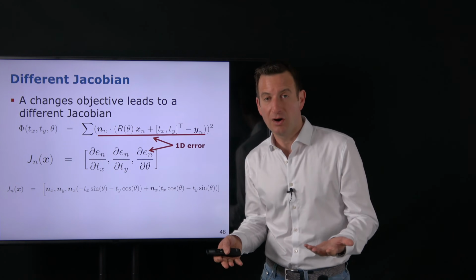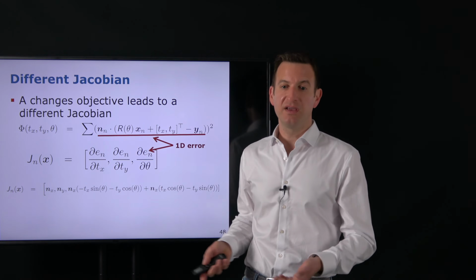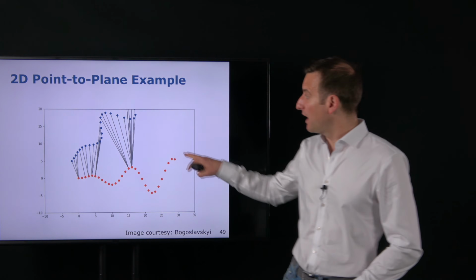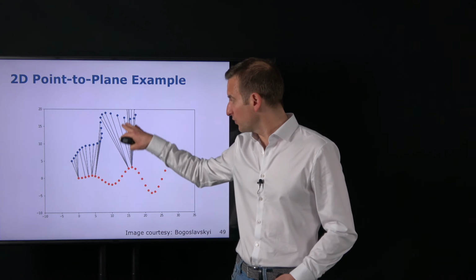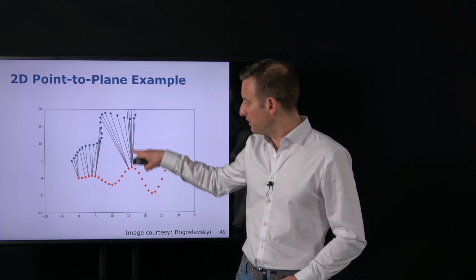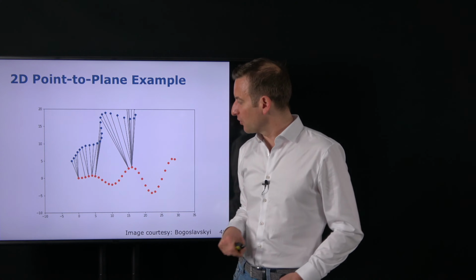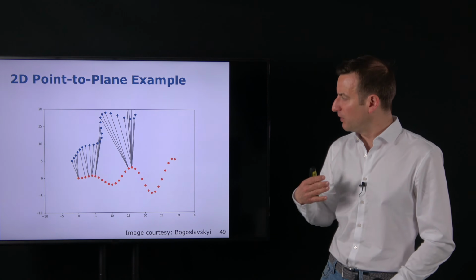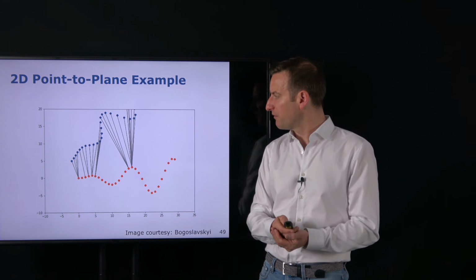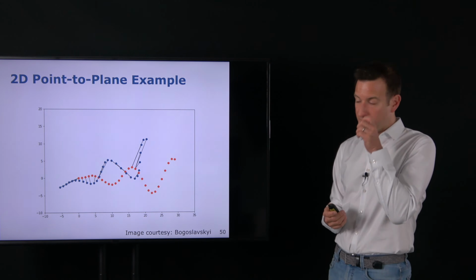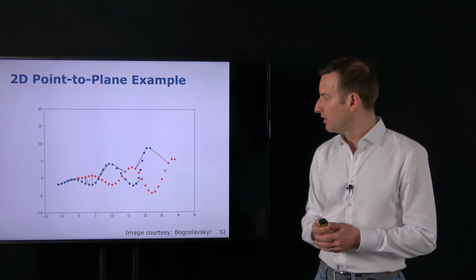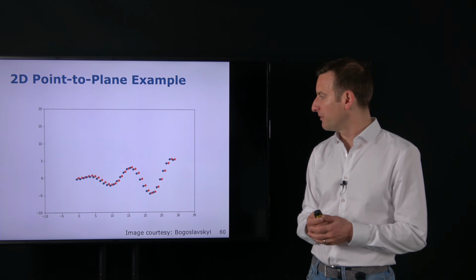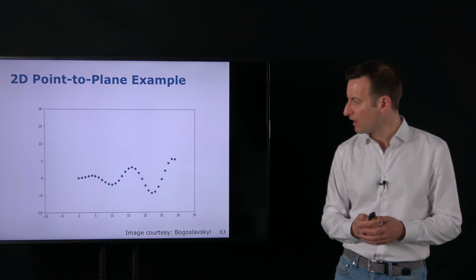So we are computing our H matrix, we are computing the right-hand side, and iterate as before. So we start again with our example. We have our point-to-point correspondences. Here we are always showing the correspondence to the closest point, which was used to compute where the normal was used in order to compute the error function. And we again can minimize this error function and compute the alignment, which now takes the normal information into account.